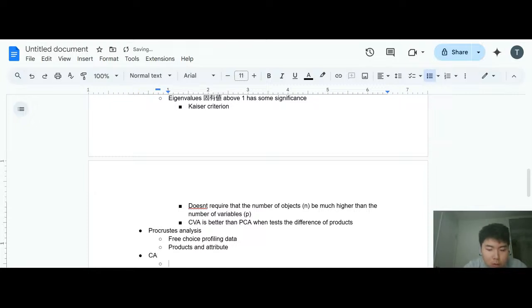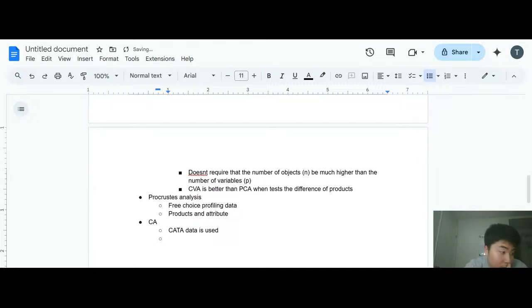CATA data is used. Consumers can use it too. Correspondence analysis.